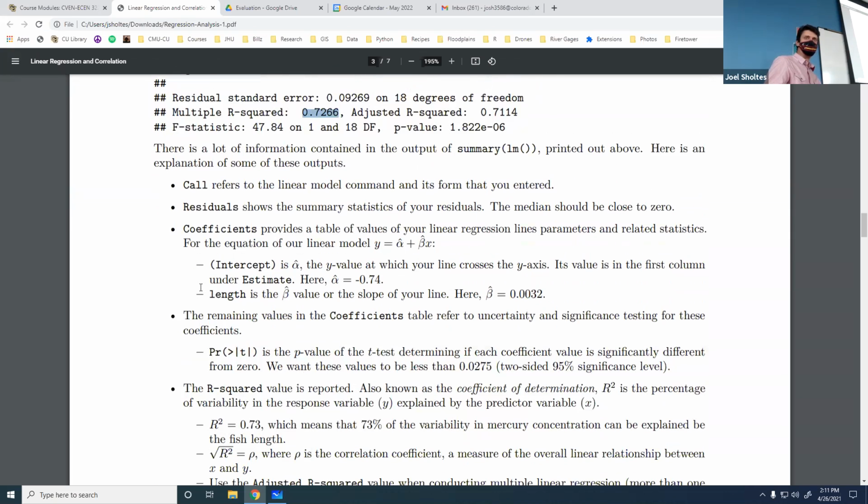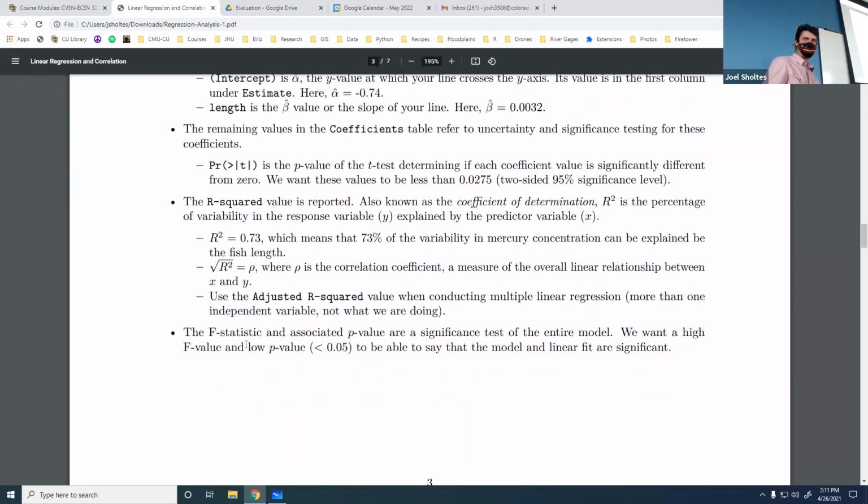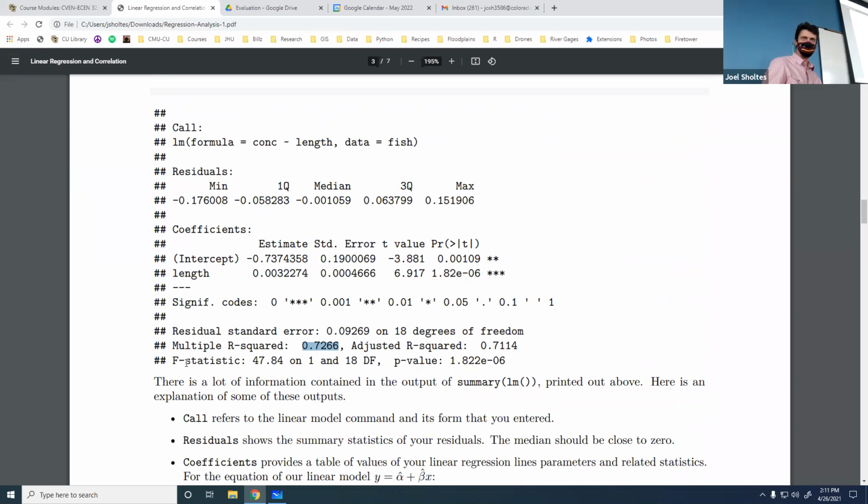So I could go in and really get into all of the different outputs and describe those in more detail. The last thing I'll say before we just call it is this F statistic. And this relates to the overall model. Is this model a significant model or not? In this case, the null hypothesis is that x and y is just flat, right?